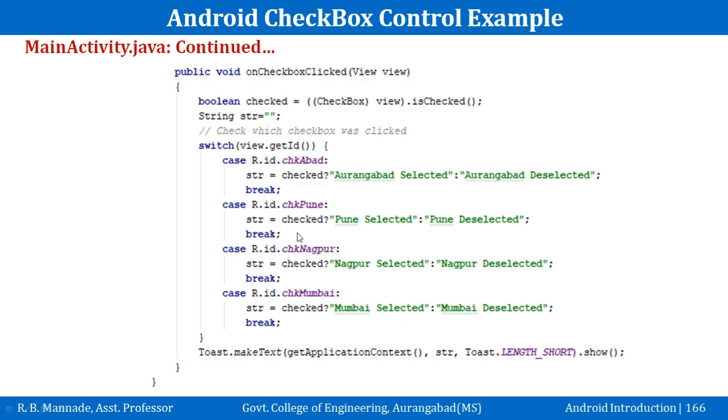If the value of checked is true, then this will be stored in str, otherwise the text at the right hand side of the colon operator will be stored in the str variable. In this case, "Pune selected" will be stored into the str variable, and that message will be shown to the user. When you run this application, it will show output like the one in this GIF image.